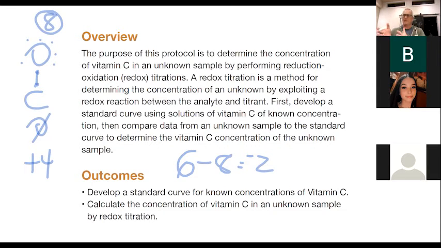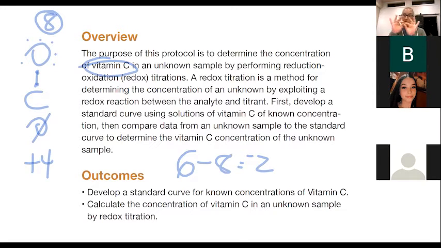So in an oxidation reduction reaction, someone's oxidation number goes up, that's the one being oxidized, and someone's oxidation number goes down, that's the one being reduced. And in this reaction, vitamin C is going to be oxidized, and the thing that oxidizes it is going to be reduced.